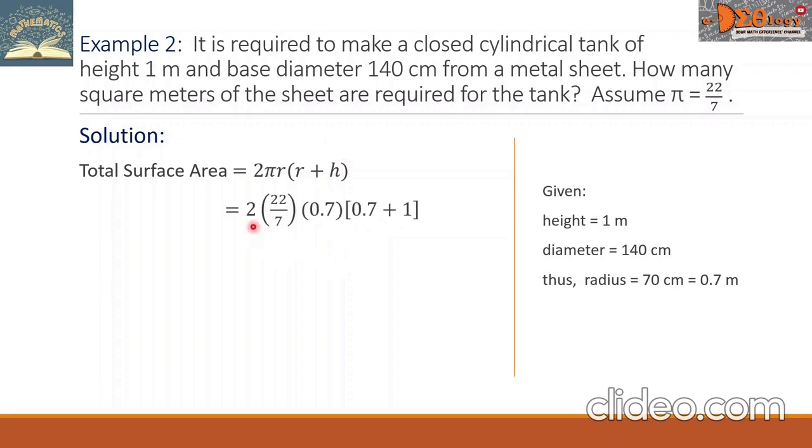So we have 2 times the pi 22/7 times r, that is 0.7, times the quantity, the sum 0.7 plus 1. Simplifying, 2 times 22/7 will give us 44 over 7. Then the sum becomes 1.7. Using our calculator, we will get the simplified value as 7.48. This is the area in square meters.